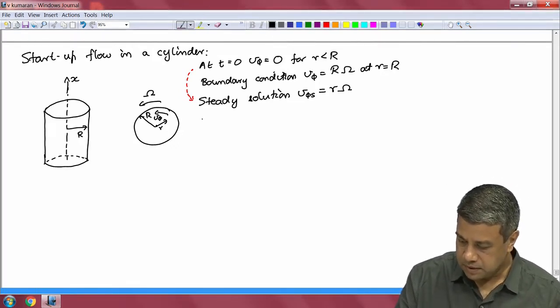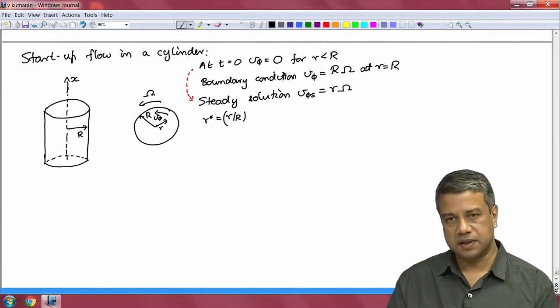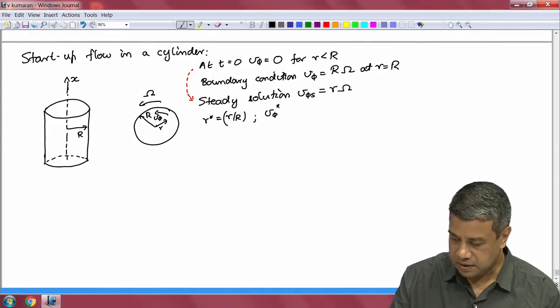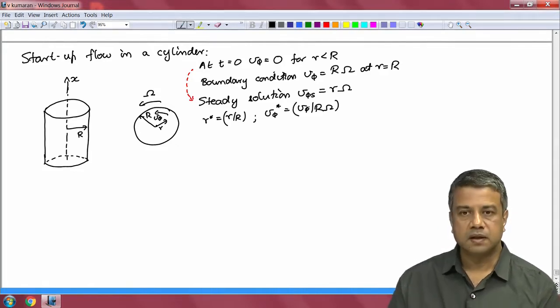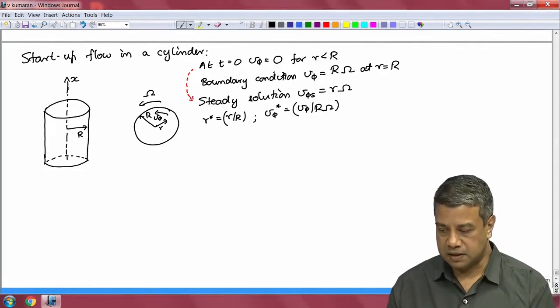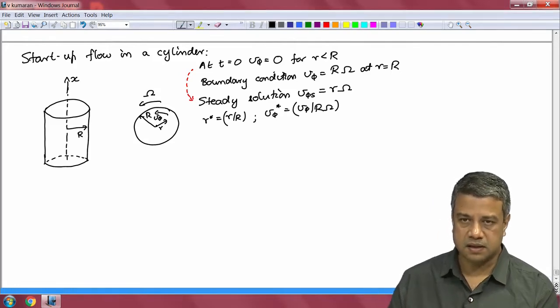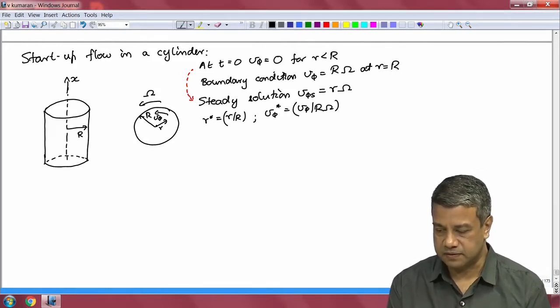So, scaled coordinates: r star is equal to r by R, because capital R is the only length scale in the problem. V phi star is equal to v phi by R omega, the velocity at the radius R at the surface of the vessel.